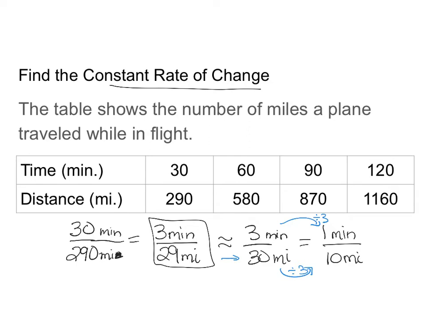Okay, if I look here to here, I have 60 minutes over 580 miles. I can divide by 10, so that's 6 over 58, and that is about 6 over 60, which is 1 minute over 10 miles.